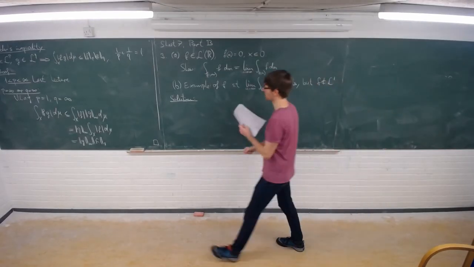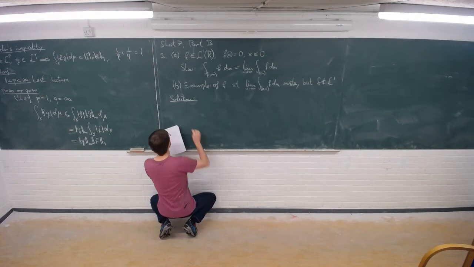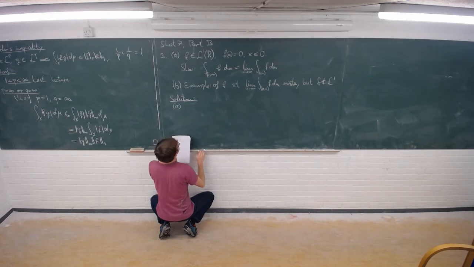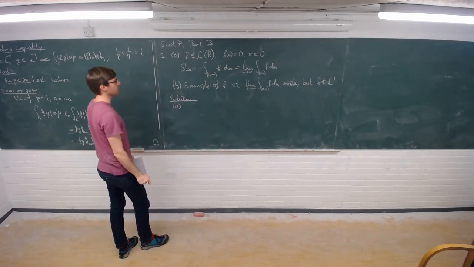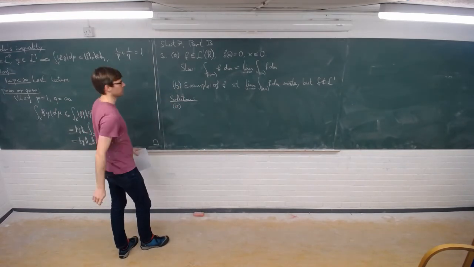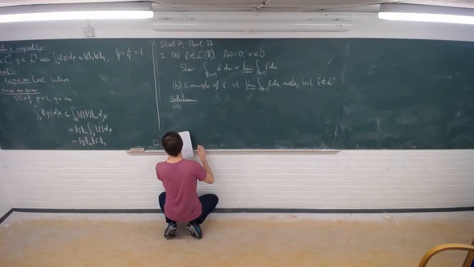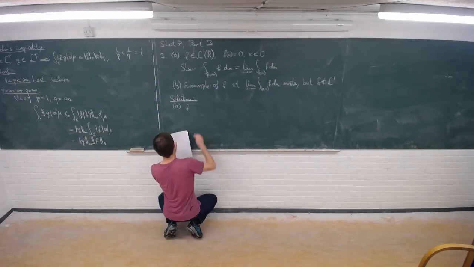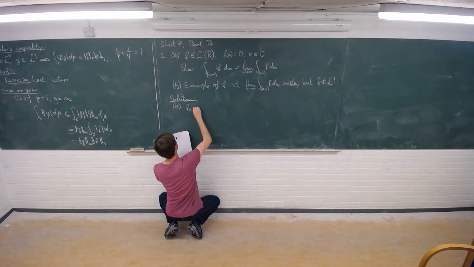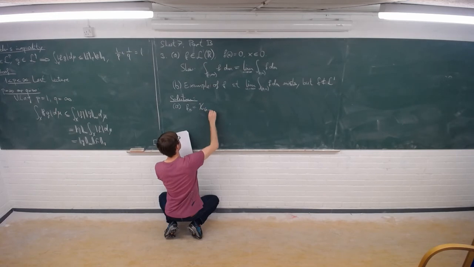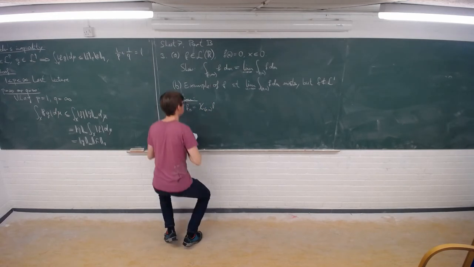Okay, and the solution goes like this. For part A, it's quite short. One can use, for example, the dominated convergence theorem. Because we can define, for example, F_n, a sequence, to be the characteristic function of the interval from 0 to n times f.